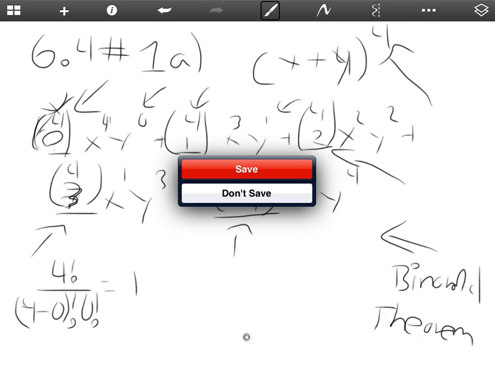Hopefully you guys can remember that. 4 choose 0 is just 1, x to the fourth, plus 4 choose 1, x to the third, y to the 1. This one here is going to be 4 factorial over 3 factorial, 1 factorial, which is just 4.